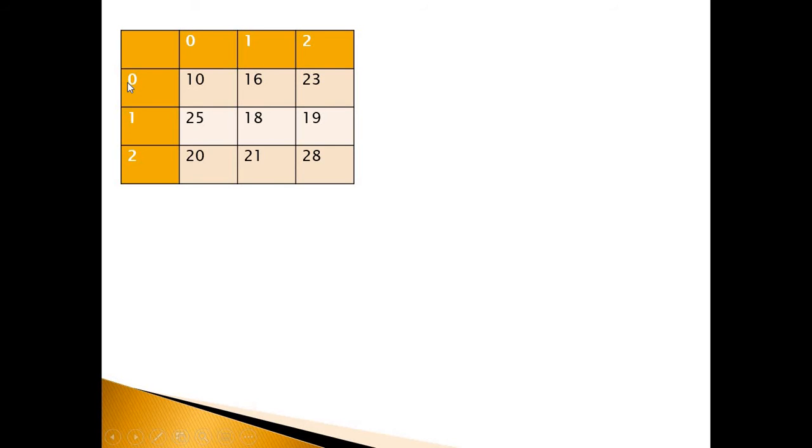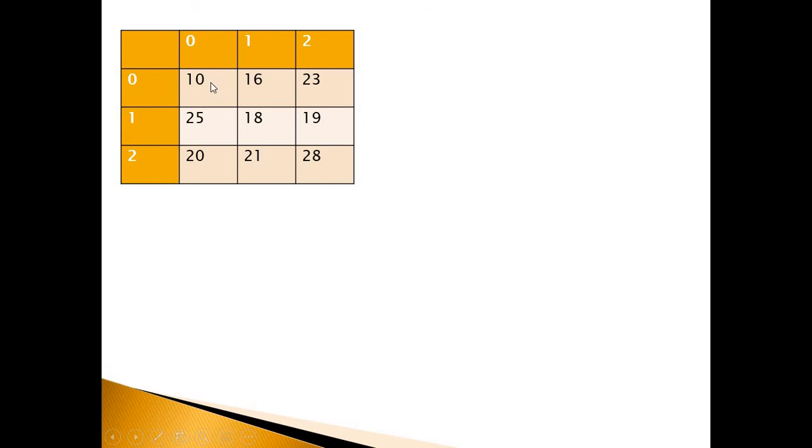As we discussed in the previous class, in case of an array, the index starts from 0. So, to fetch the elements in the first row or first column, we use the index 0. This is the 0th row, first row, second row, and 0th column, first column and second column.